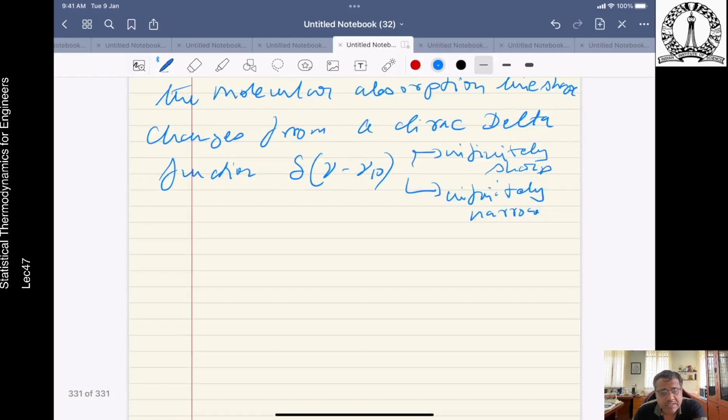Okay, so this is the Dirac delta function, to a real molecular line shape.